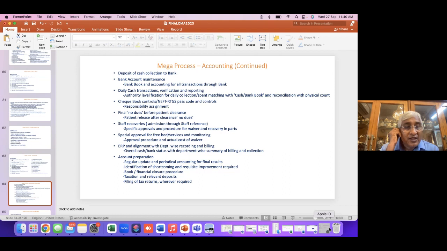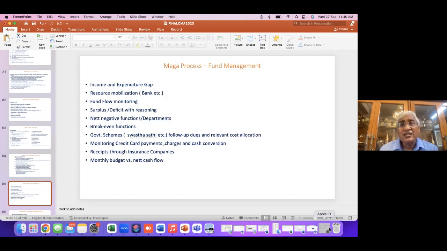is to be released. So there is, as I mentioned earlier also, fund management, timeliness of getting the fund, approval for the expenditure, fund flow monitoring, surplus and deficit from the different activities. Activities here means different activities for the hospital services like ophthalmology, gynecology.